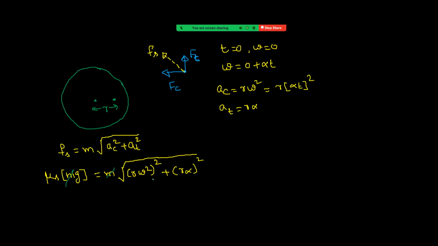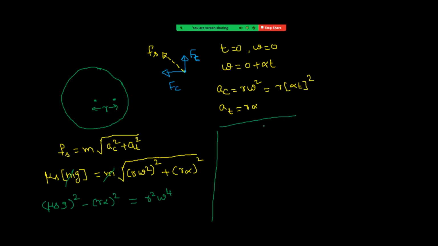Mass gets cancelled. Square on both sides. We get mu s into g whole square. And I am taking this square of r alpha to the left side. That is equal to r square omega power 4, right?